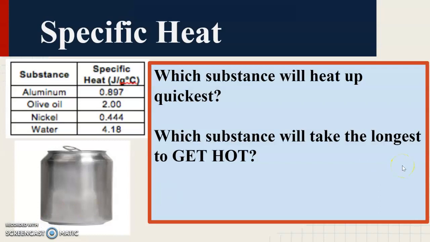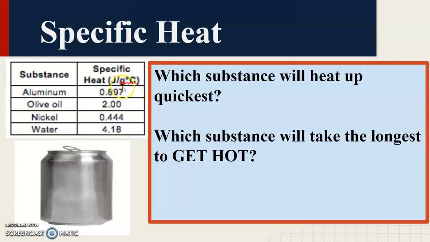So what do we need to know about specific heat? For us right now, all we need to do is be able to look at the value and tell me, okay, this one will heat up the quickest or this one will take the longest to heat up. So if we look at these substances, we have aluminum, olive oil, nickel, and water, and then we have their specific heats in joules per degrees Celsius.